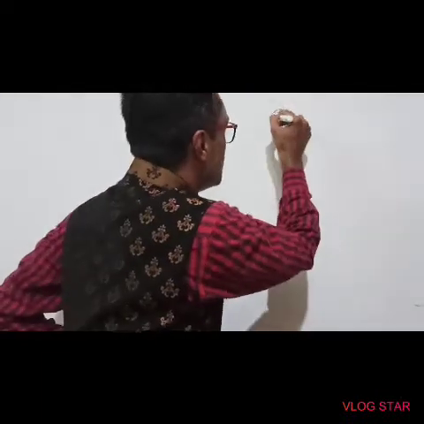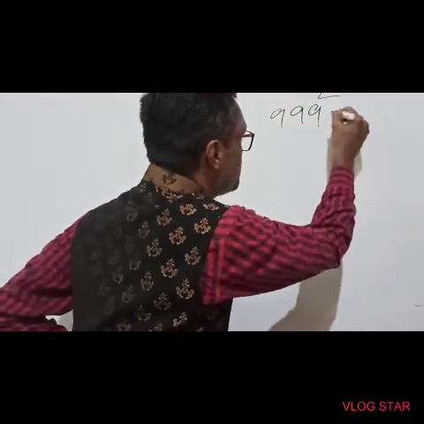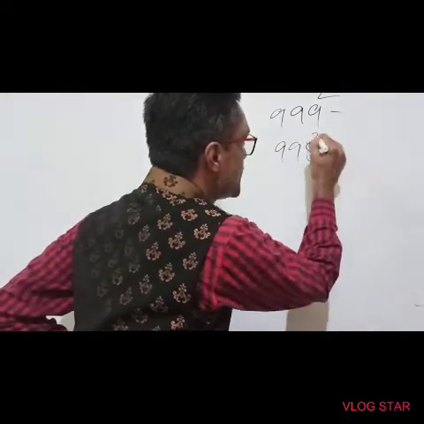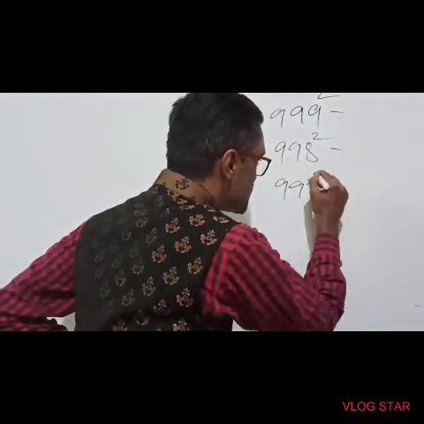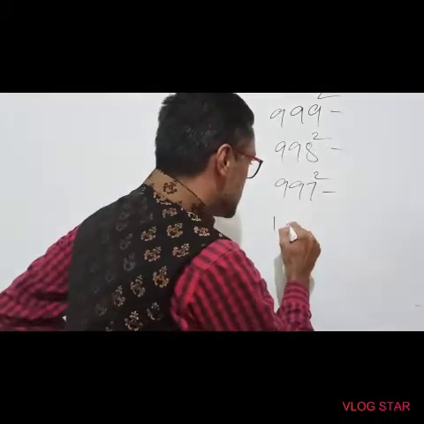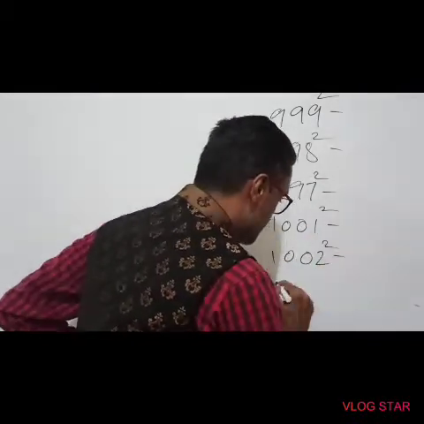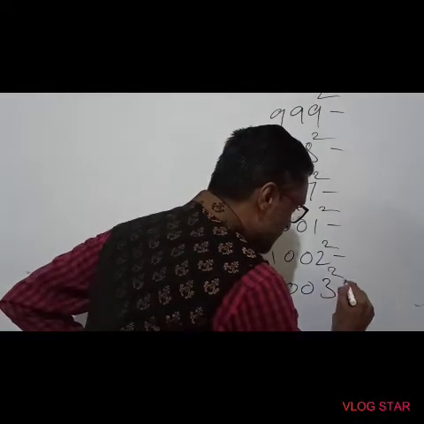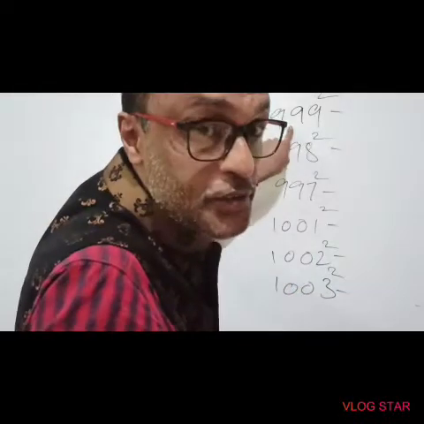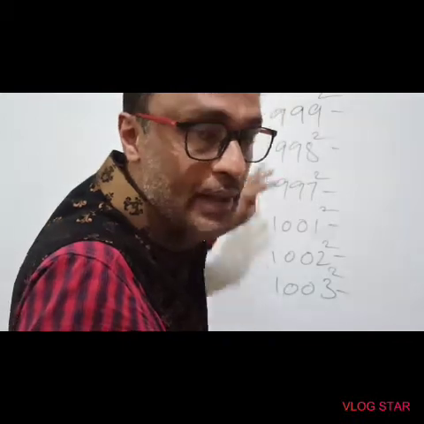Now, let's try numbers which are near 1000. For example, 999 square, 998 square, 997 square, or 1001 square, 1002 square, 1003 square. These are numbers near 1000, below 1000 and above 1000.